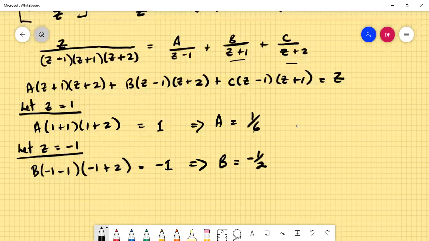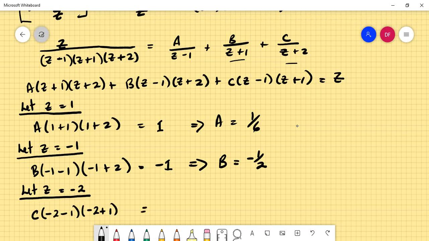And then let z equal minus 2. So A and B are going to drop out, so we're going to get C times minus 2 minus 1, minus 2 plus 1, equal to minus 2.